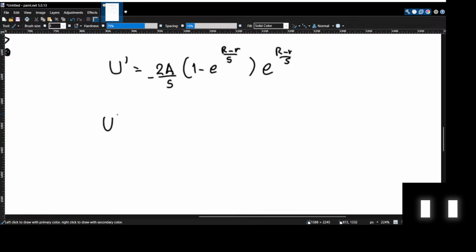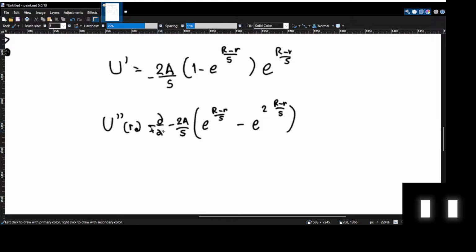Next, we're going to have to take the second derivative, and we're going to have to plug in R naught. So let's just do that. We find the second derivative of this function. I'm going to distribute that R in. So we'll have R minus r over s subtracted by e to the 2R minus r over s.